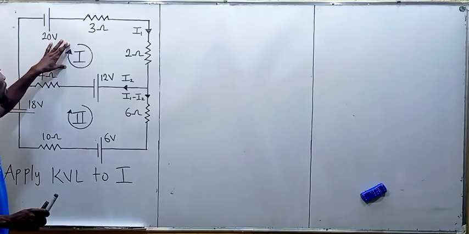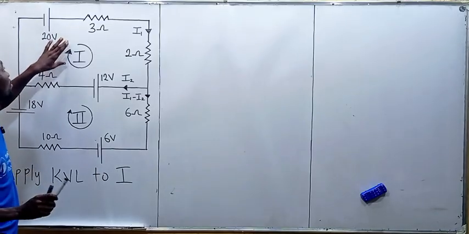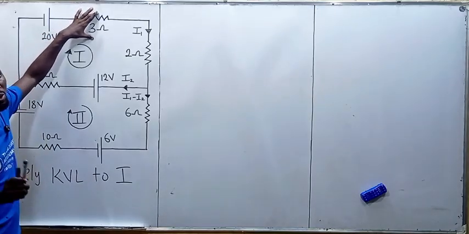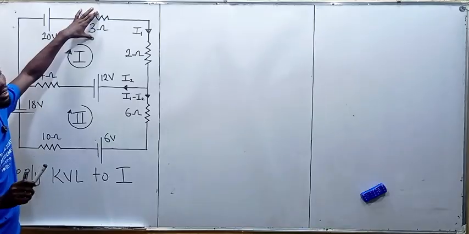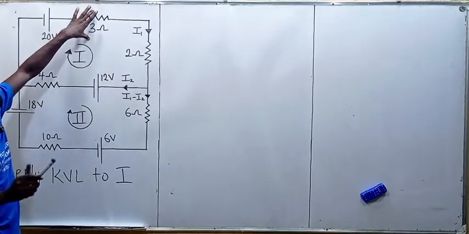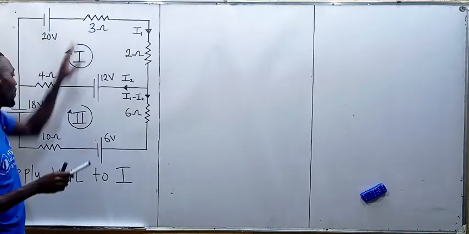Anytime we have such a case, we take the voltage across the resistor to be negative. But if they are going in opposite directions, we take the voltage across the resistor to be positive. I hope you understand that.